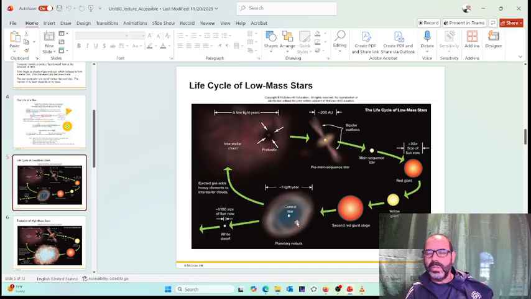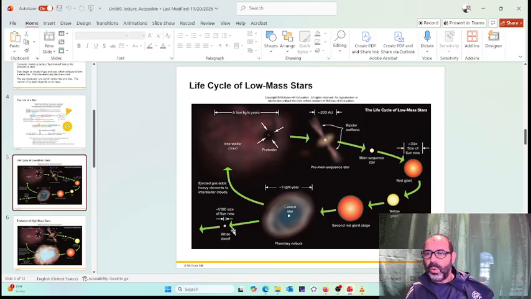At some point, it's going to shed all of its outer layers and the core remains exposed. There is no more nuclear fuel inside the core of the star to keep it burning anything. So it's going to become a hot white dwarf that is going to start to cool down.